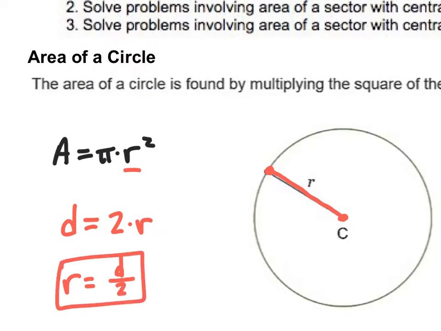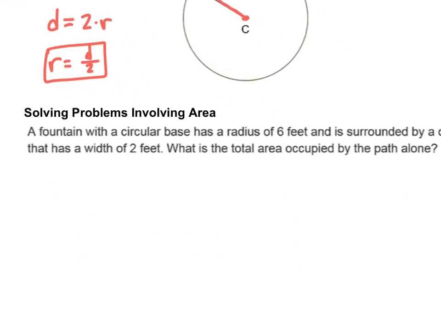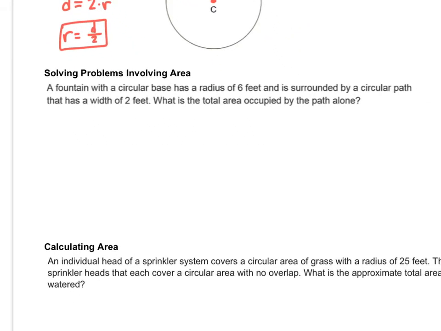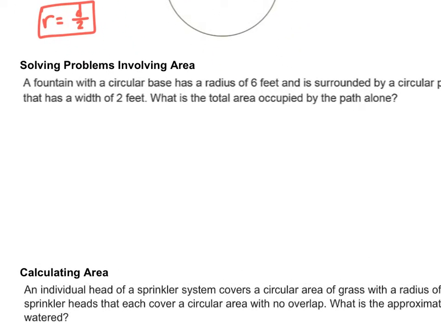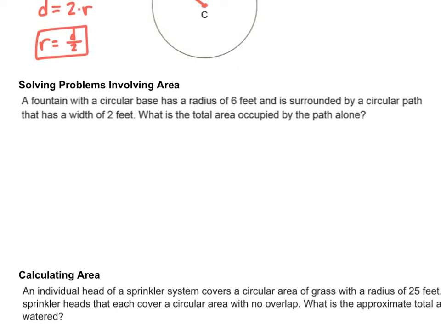So let's take a look at a couple problems of solving problems involving area. What we have here is a water fountain with a circular base, which has a radius of 6 feet. I'm going to draw that picture of a fountain with a radius of 6 feet.